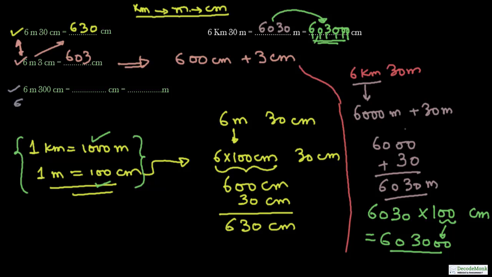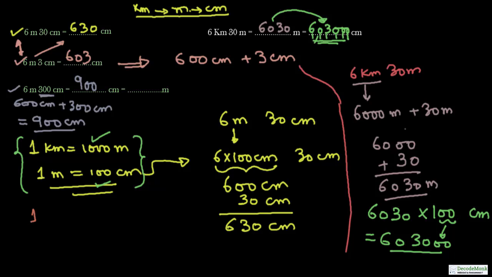Coming to the next question, 6 meter 300 centimeter. This can be written as 600 centimeter plus 300 centimeter, which is equal to 900 centimeter. Now you see over here, it's mentioning 300 centimeter.